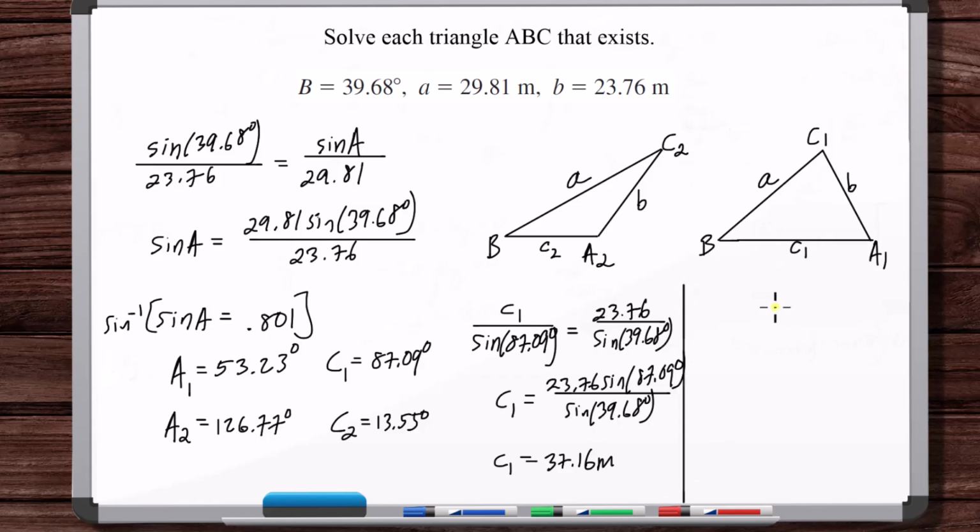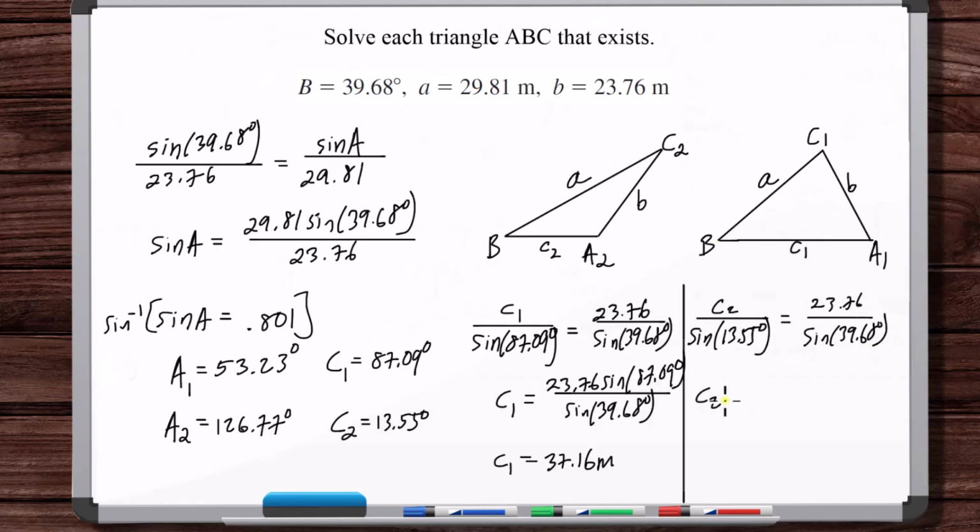Now we've got C2 over sine of 13.55 degrees, and we use the same ratio, 23.76 divided by sine of 39.68, because we start with both of these values.